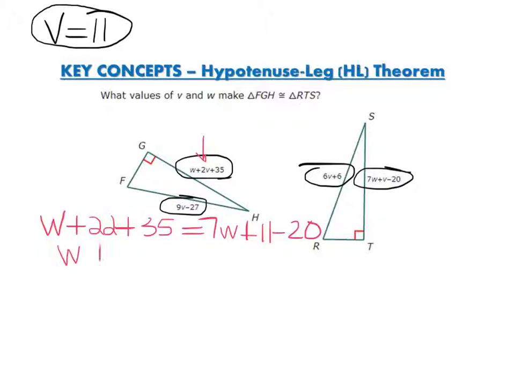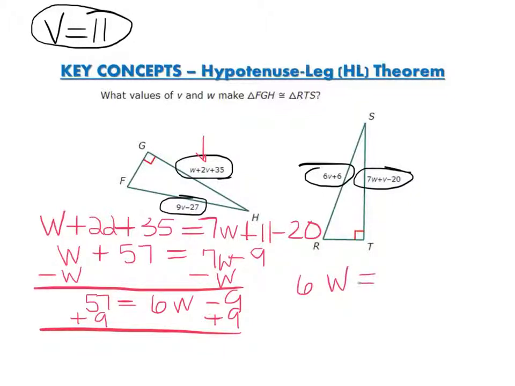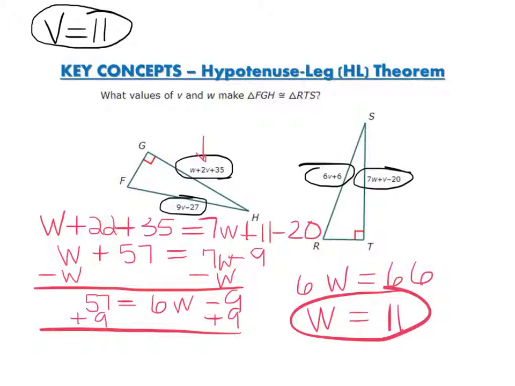I have W plus 57 equals 7W minus 9. I'm going to subtract 1W from both sides. I end up with 57 equals 6W minus 9. Add 9 to both sides, and I get 6W equals 66. Divide both sides by 6, and I find that W also equals 11. So V equals 11 and W equals 11.